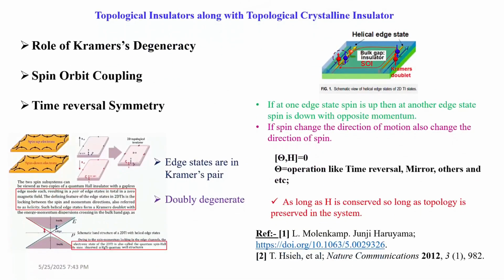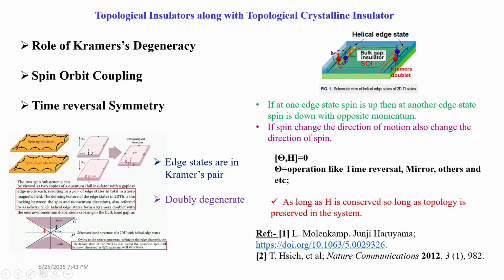So, the role of Kramers degeneracy in the materials. This Kramers degeneracy is basically related to spin-orbit coupling materials and time reversal symmetry. Because of that, at the Kramers pairs, the spins are in helical ways. If at one edge state the spin is in the up direction and it is moving right, then on the other edge state the spin is down and it is moving in the opposite direction.